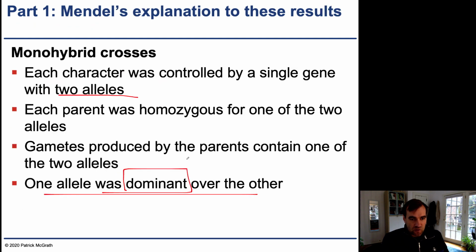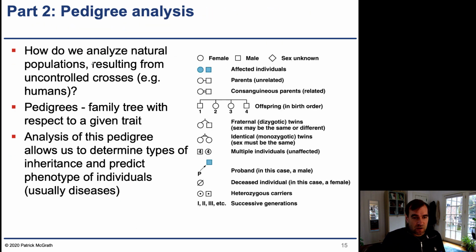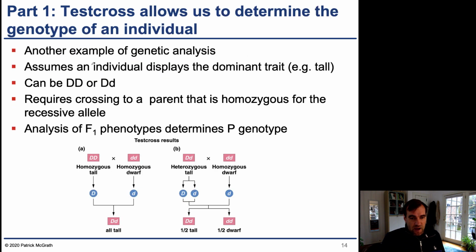All right, so we started out with this cross, and this cross started out with individuals that bred true. And so we knew ahead of time that this individual must be homozygous. So what if we had a situation where we wanted to know the genotype of an individual, but we didn't know whether or not this individual bred true?